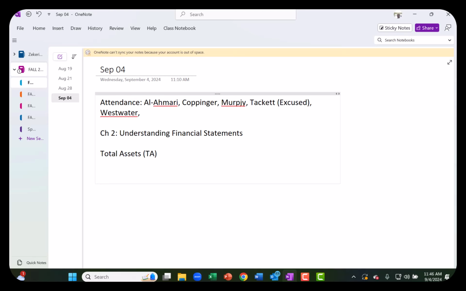Oh, I'm sorry. Right before class, I was looking at the breakdown of my Parent PLUS loans for my kids, because my younger son is a junior at Boston College now.